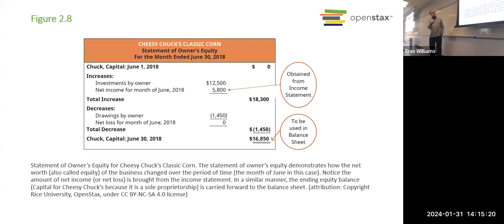So the owner's contribution and the net income both increase the equity. However, the owner then took out some money from the company, which reduces the equity. So we take the beginning plus what was added minus what was taken out, and we get the ending capital, the ending owner's equity, right, for this company. Does that make sense?